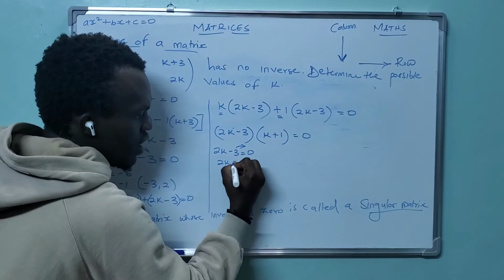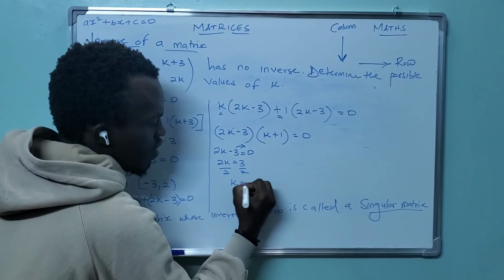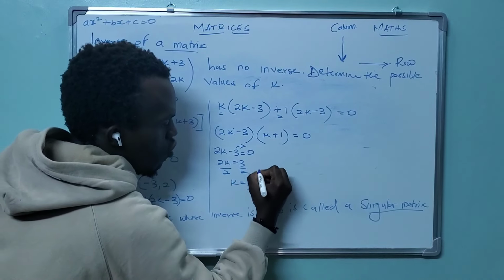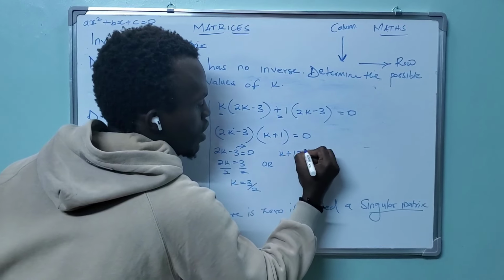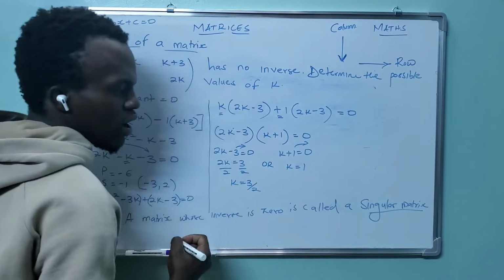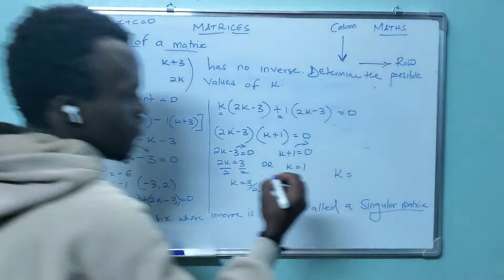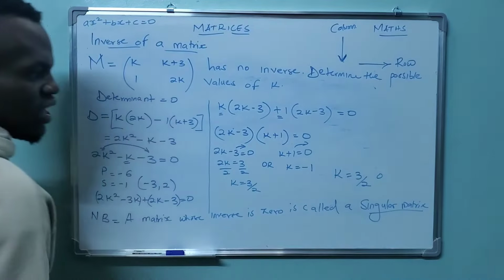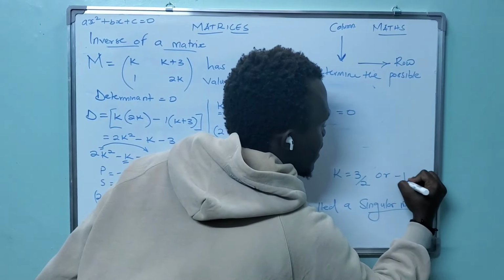I'll have 2k equals +3, over 2 over 2. So the first value of k is 3 over 2, or the second value of k, I'm going to have k plus 1 equals 0. Take 1 to the other side, I'll have k equals -1. So the value of k is either k equals 3 over 2 or -1.